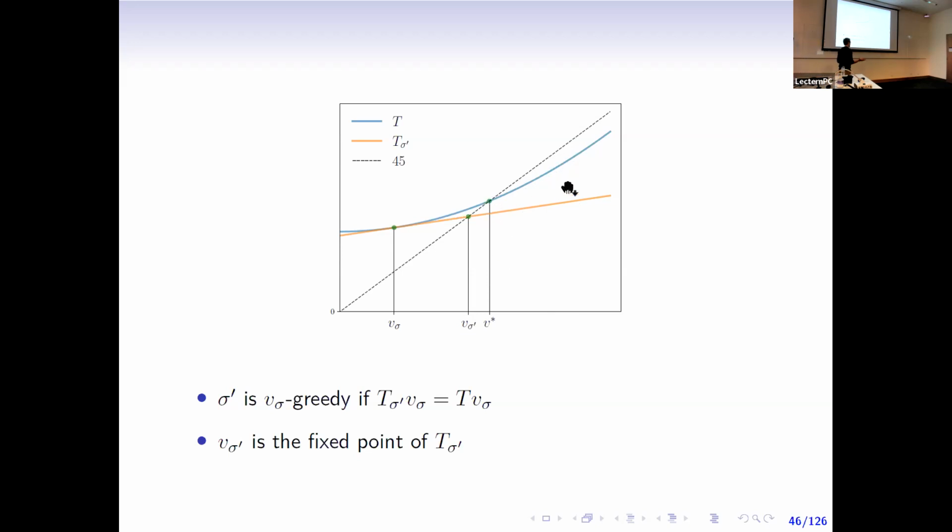Successive approximation for computing fixed points in general has a linear rate of convergence. The Newton-Raphson method has what's called a quadratic rate of convergence, and that can make a massive difference. I'm not going to go into the further details of the mathematics, but it's all in the textbook if you're interested. So any questions at this point?